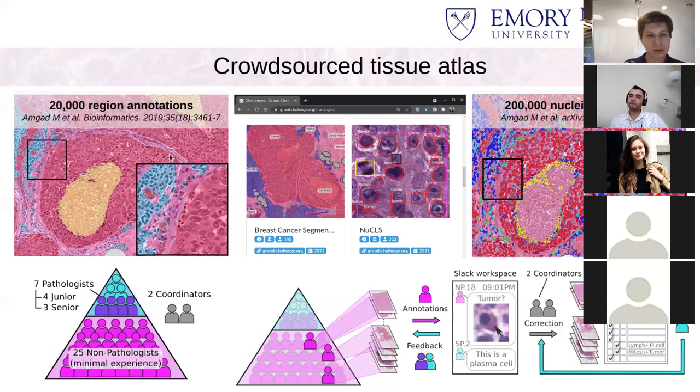And as a follow-up question, there is a diagram on this slide that shows the hierarchy of the annotators, right? You have a very small number of pathologists who can guide the whole annotation process, but they are too busy to cover every possible case. And you have literally a crowd of non-expert annotators who can provide these labels.